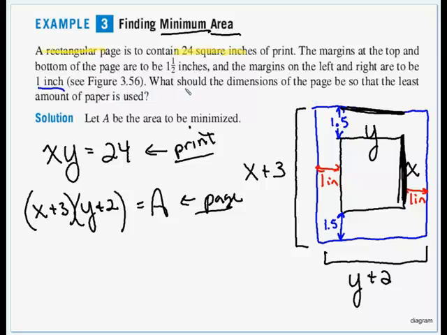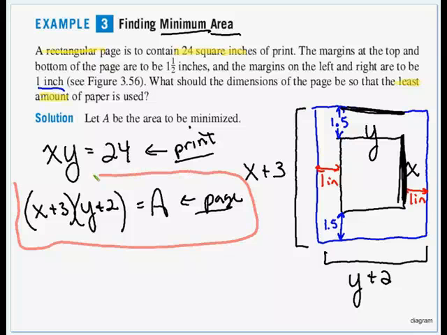And let's go back and reread the last sentence. What should the dimensions of the page be so that the least amount of paper is used? We want to minimize least amount of paper. We want to minimize the size of the page, not anything to do with the size of the print inside. So we have our primary equation right here.